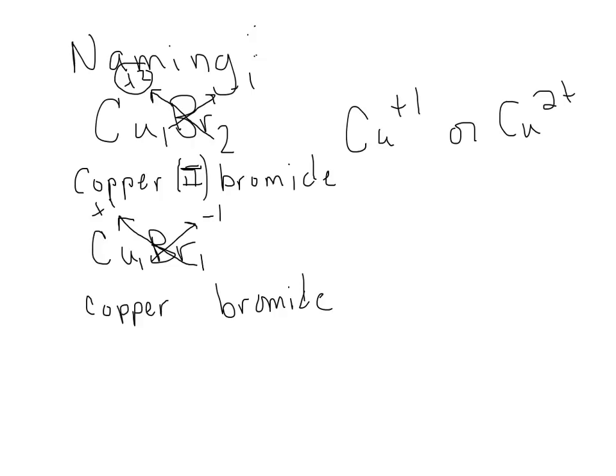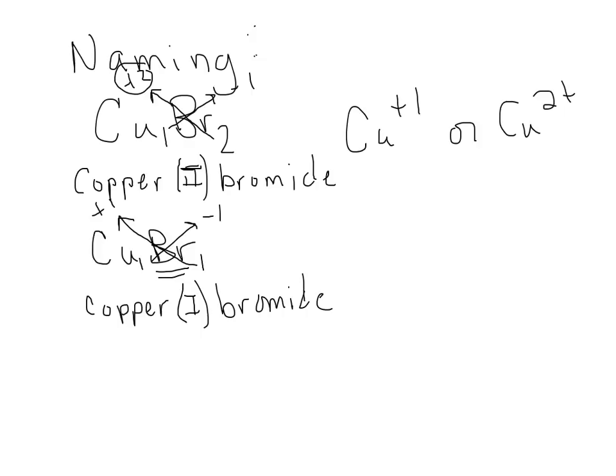So what we need to do is look at the periodic table and ask, what is the charge of bromine? Bromine comes from group 17, which we know has a charge of -1. So if it has a charge of -1, then this formula must be right, and copper must also have a charge of +1. So now we write a Roman numeral 1 after the copper. This is copper(I) bromide.